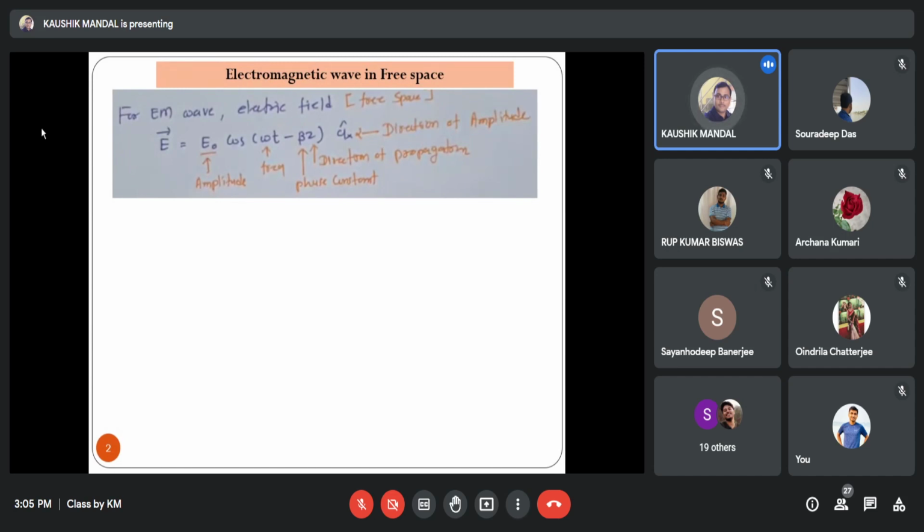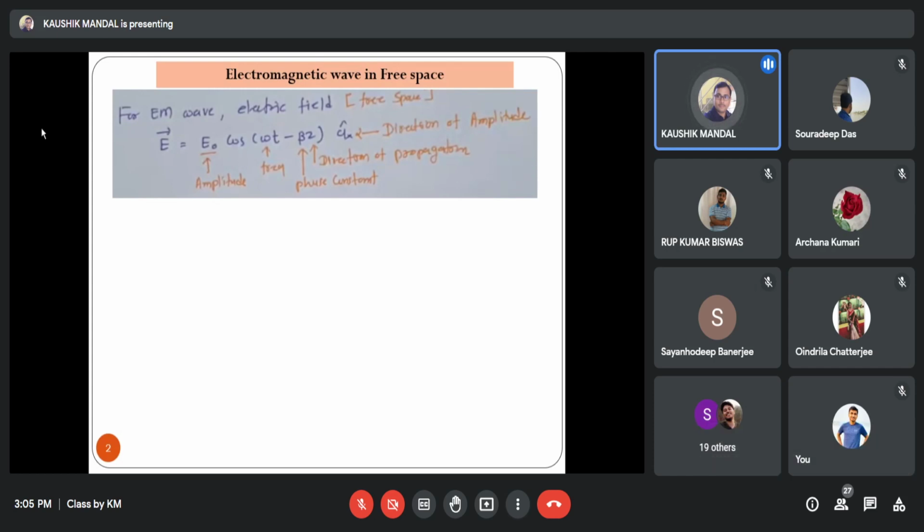Now when we are talking about electromagnetic wave propagation in free space or in some medium, we have to talk about the two different fields which constitute the electromagnetic wave. So we will consider the electric field and magnetic field one by one.